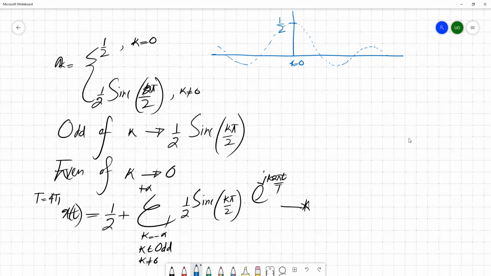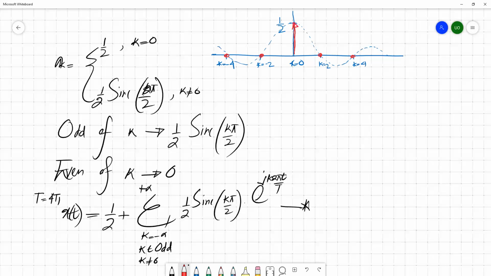So we know that this happens at k equals 2, this is k equals 4, this is k equals minus 2, this is k equals minus 4. We have one sample for the value a_k at k equals 0, and this is 0, this is 0, this is 0, this is 0.